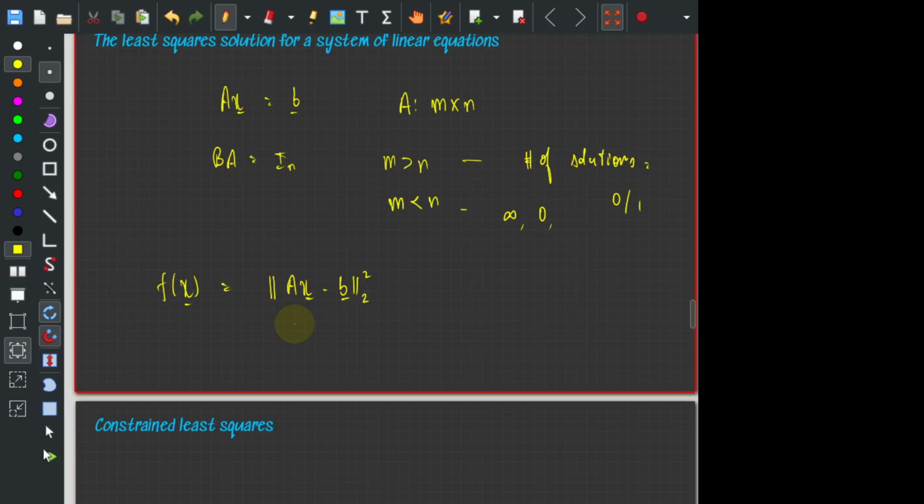No constraint is the same as taking all possible x, so x lies in R^n. So this is an example of an unconstrained minimization problem: find the minimum of f of x, correct?